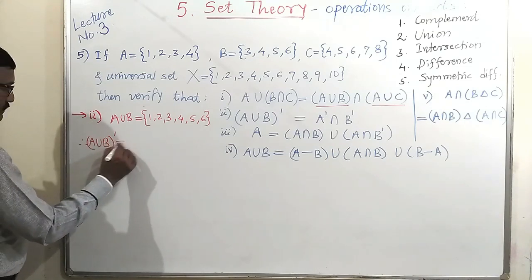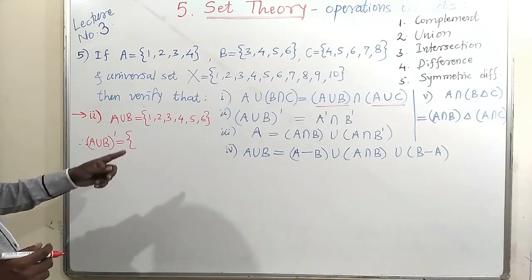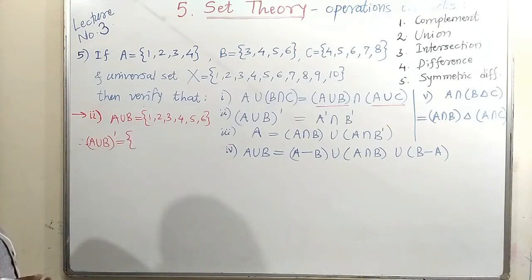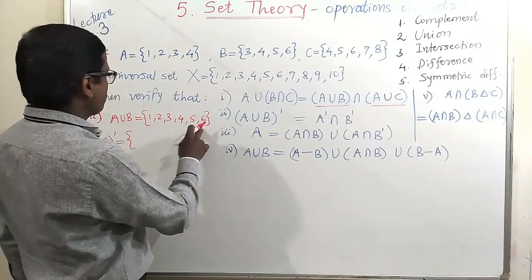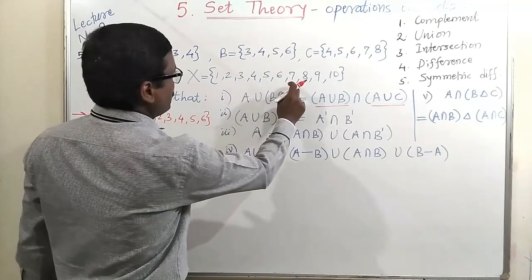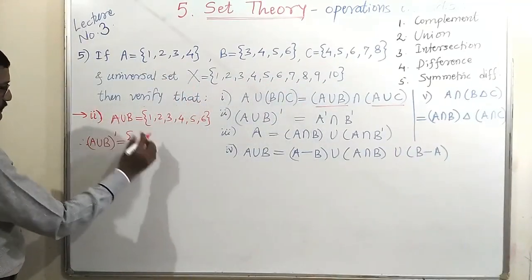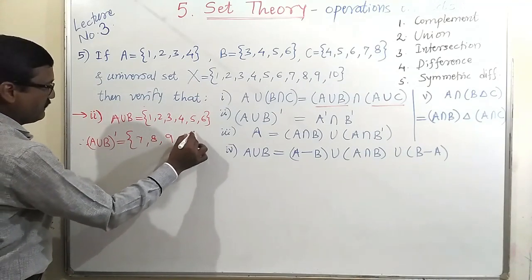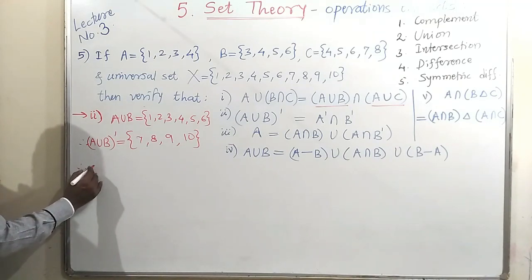Complement means the set of elements from the universal set which are other than these elements. Excluding these 1 to 6, the remaining elements in the universal set are 7, 8, 9, 10. Therefore the complement of this becomes 7, 8, 9 and 10.